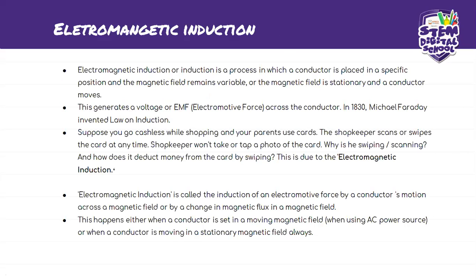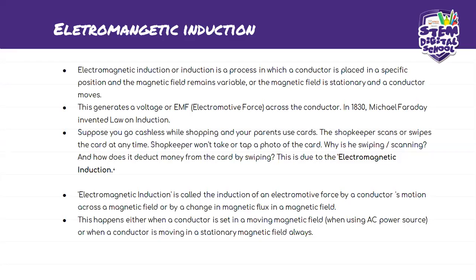So electromagnetic induction. What is it? Electromagnetic induction, sorry, I made an error there, is a process in which a conductor is placed in a specific position and the magnetic field remains variable, or the magnetic field is stationary and a conductor moves.